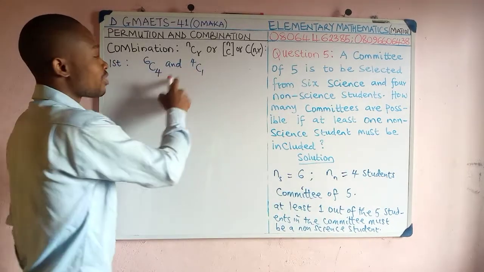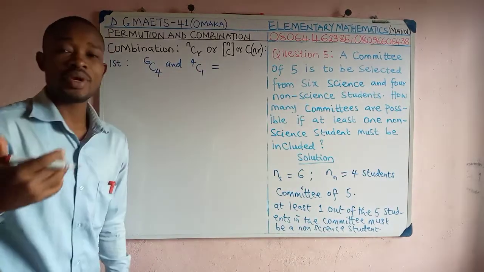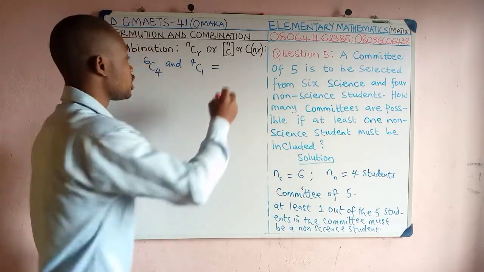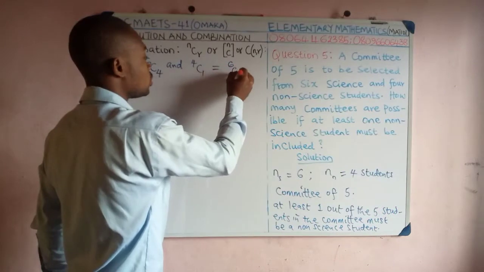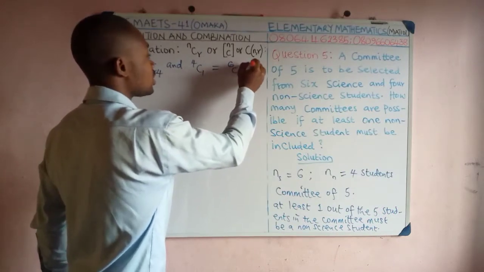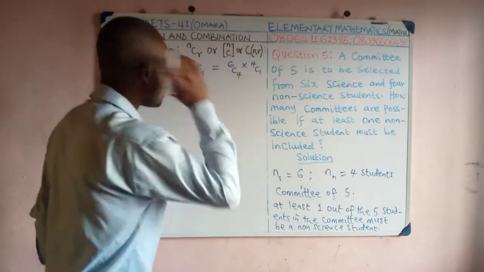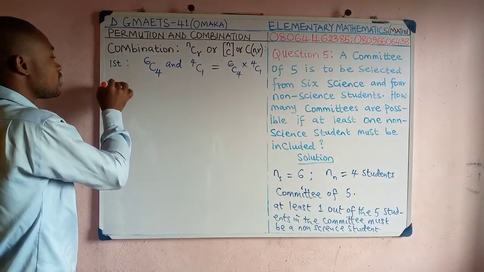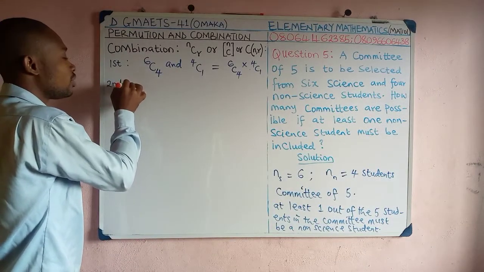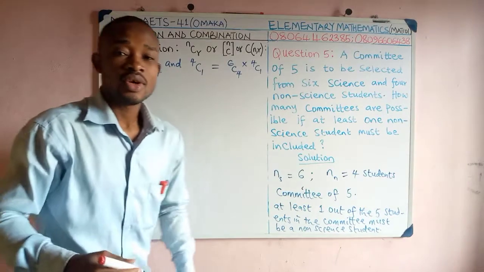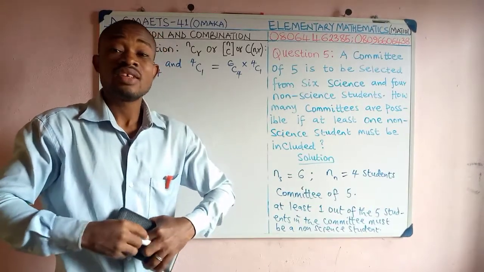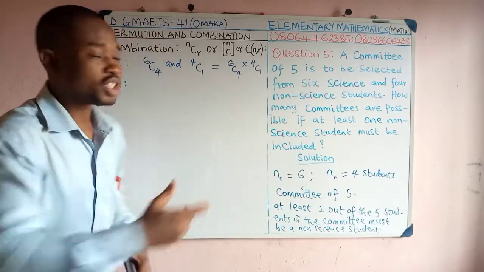Mathematically, in terms of probability, when you have and, you use multiplication. So in the first selection, we would get 6 combination 4 times 4 combination 1. Then there is still an alternative way of selecting this. We can choose to say, okay, out of the 6 science students, 3 should be selected.